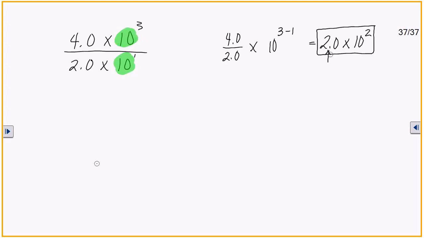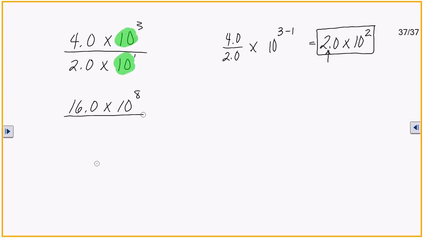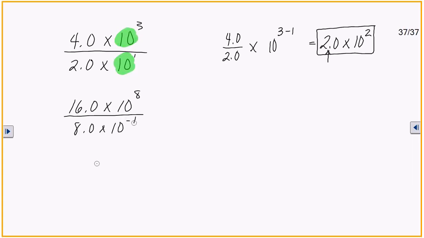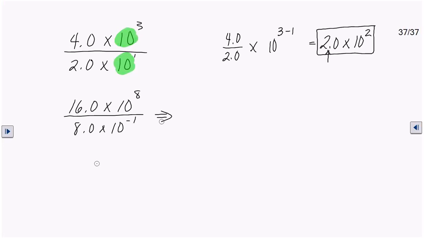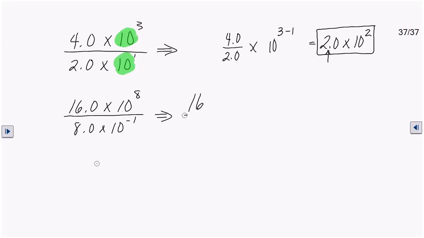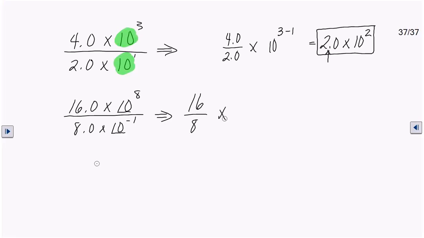Let's do 16.0 times 10 to the 8th over 8.0 times 10 to the negative 1. So that's going to be 16 divided by 8, because our bases are the same right here, times 10 to the 8 minus a negative 1.